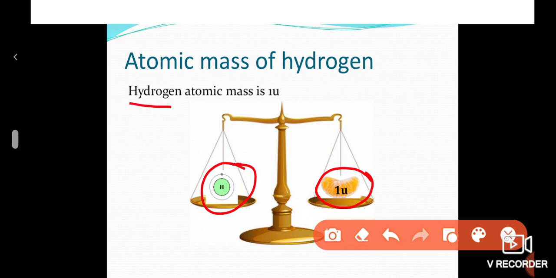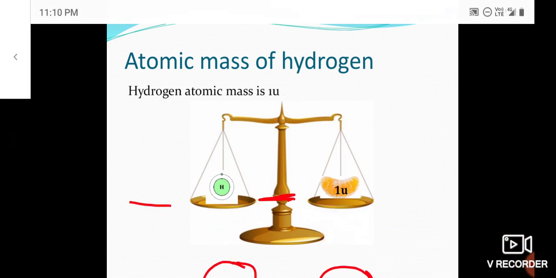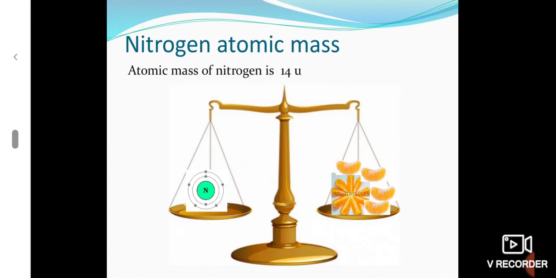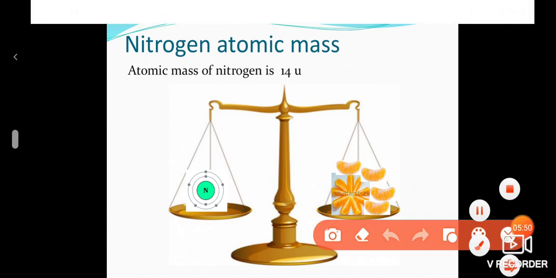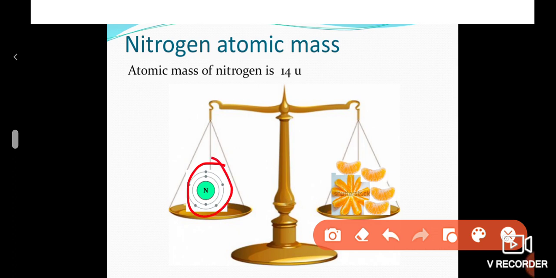Now what is the weight of hydrogen here? The weight of hydrogen is 1 U. One hydrogen atom equals one piece of carbon, and each piece of carbon has 1 U mass. So the mass of hydrogen is equal to 1 U. Understand, children? Next, the atomic mass of nitrogen. First, see the picture. On this side we have taken a nitrogen atom.